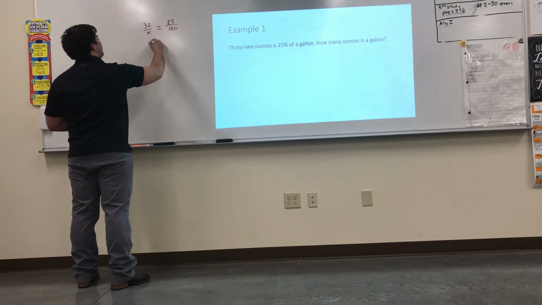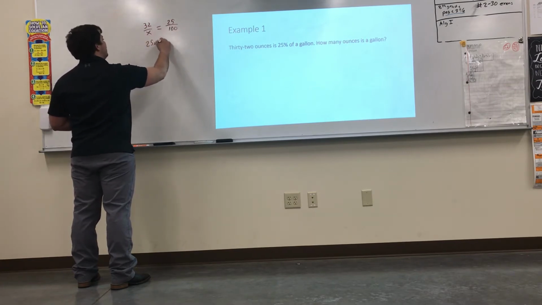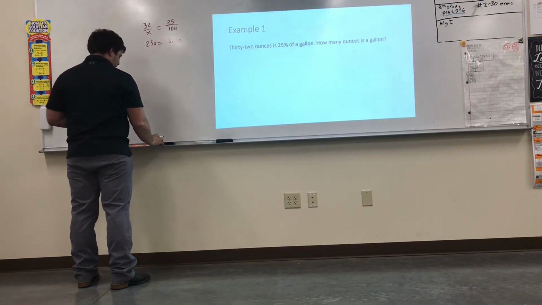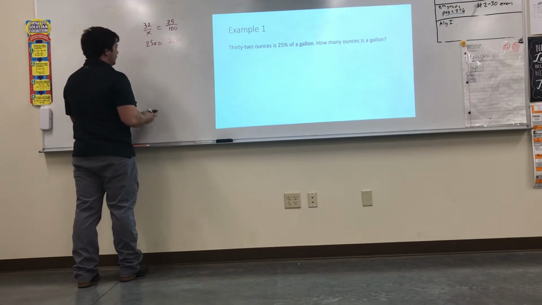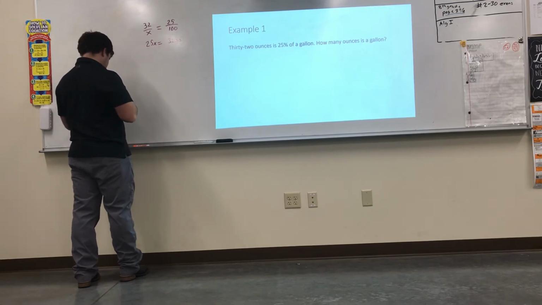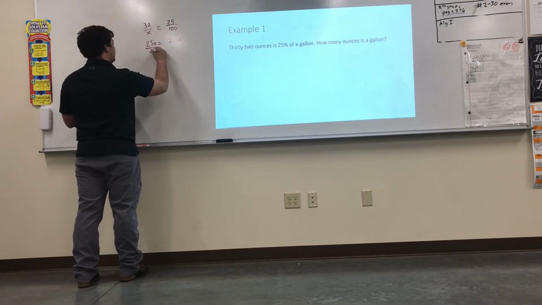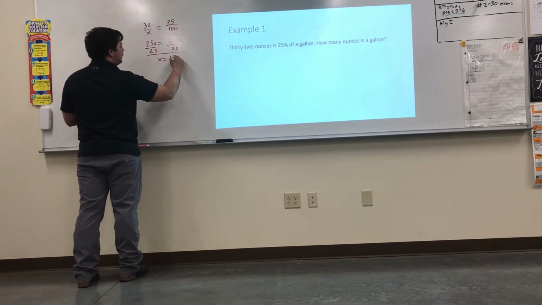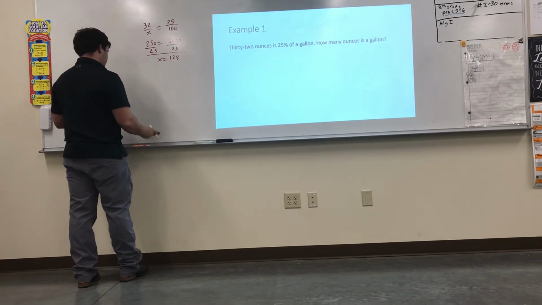I want to know this. So I'm going to get 25x equals 3200. Divide by 25, divide by 25, x equals 128. That'd be ounces.